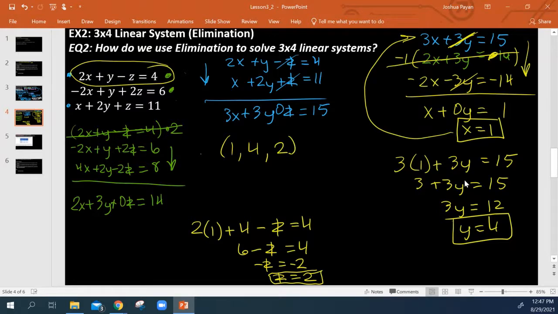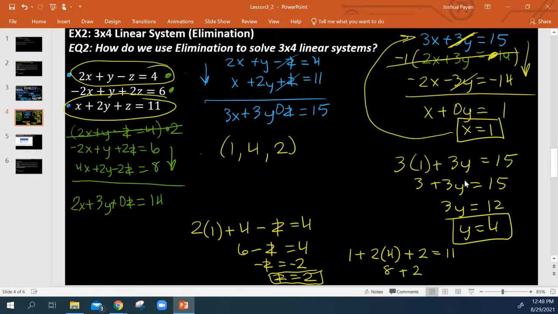Okay, and we can check our work, right? So I'm going to use this equation to check my work just because why not? So x plus 2 times y plus z is equal to 11. Let's see if that's true or false. Okay, so 1 plus 2 times 4, which is 8, plus 2 is 11. So something is wrong.